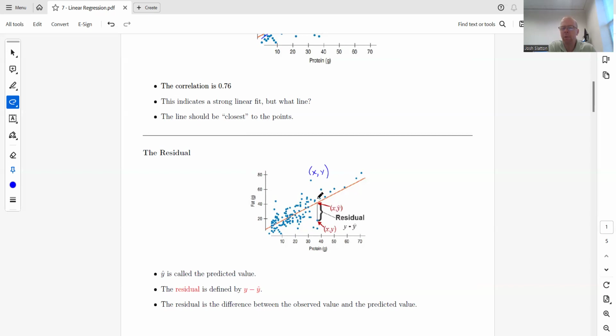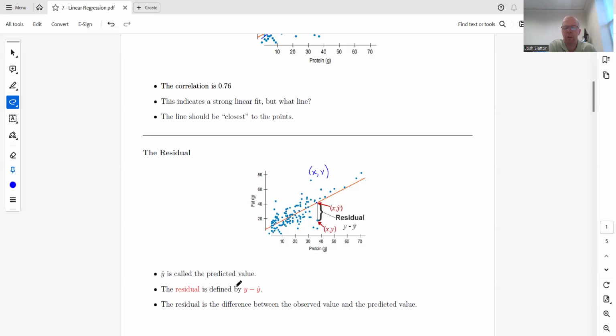And then if we go straight up to wherever this line is, the x will be the same because we're not moving left to right. We're just moving straight up. And then the y is going to change. This y value for that point would be a predicted value. We call this y hat, with a little triangle over the top of it, and that is the predicted value.